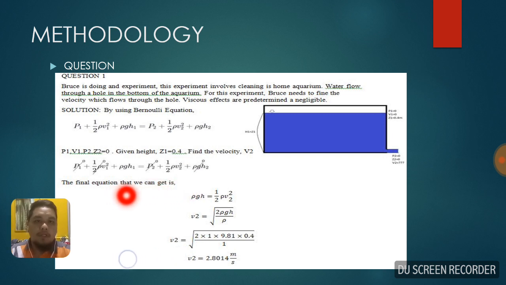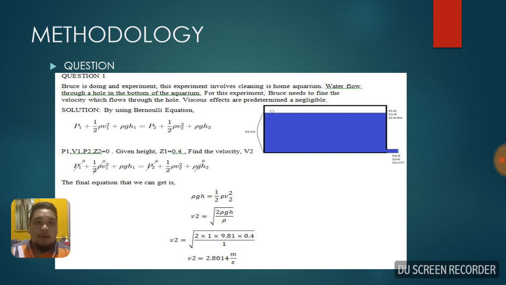For the final equation, as we cancel out all the rest, rho g h equals 1 over 2 rho V2 squared. Apply simple maths and you will get a velocity of 2.8014 meters per second. This is the velocity that we can get from this question.